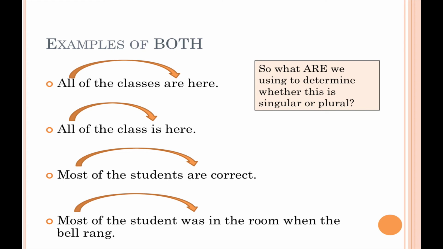The bottom one, all of the class is here. Even though it's multiple students in a class, it's still just one singular class. Therefore, in the top one, all is plural. There's more than one. So it's all are here for the assembly. But then number two, all is here, ready to start class.